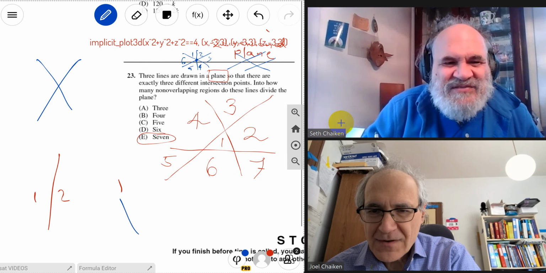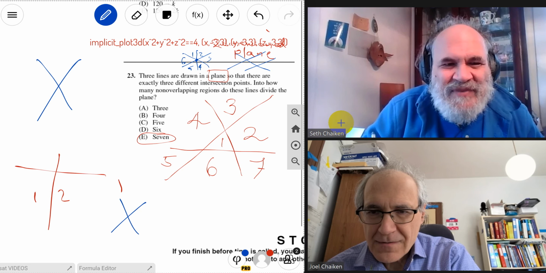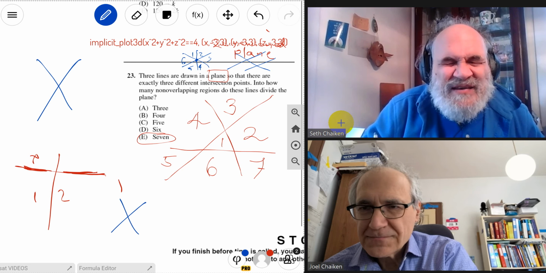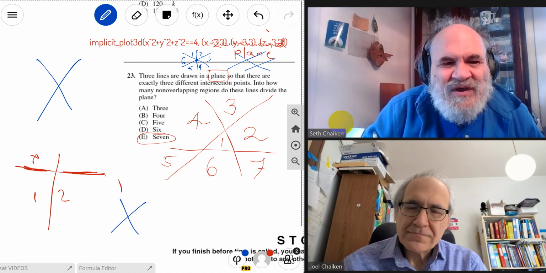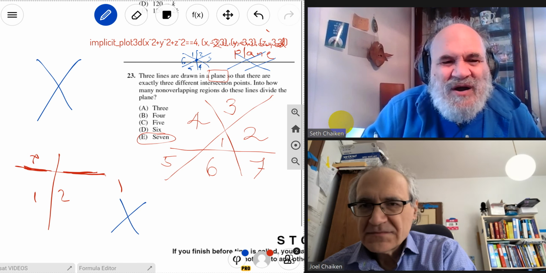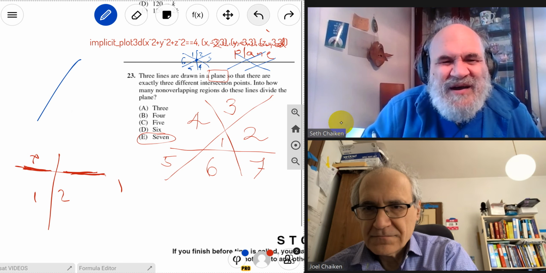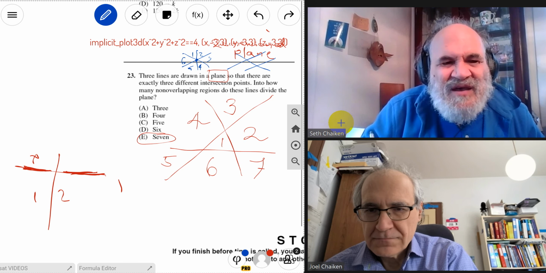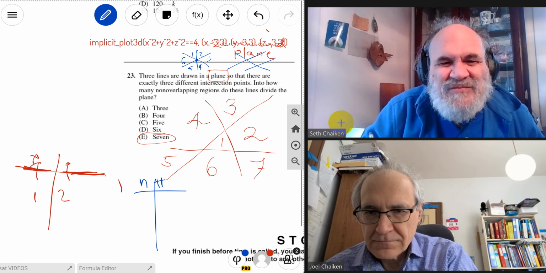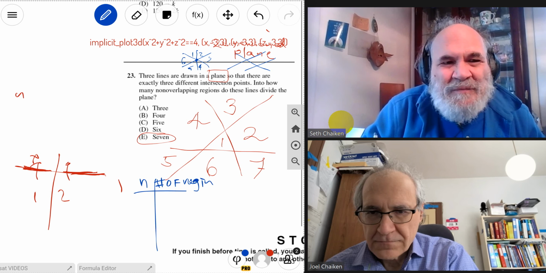You add a second line, and when n equals 2, you get 2 pieces of the line, and a new region is added for each one. So when n is 1, the number of regions is 2.